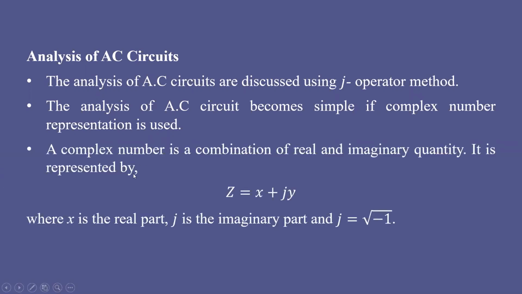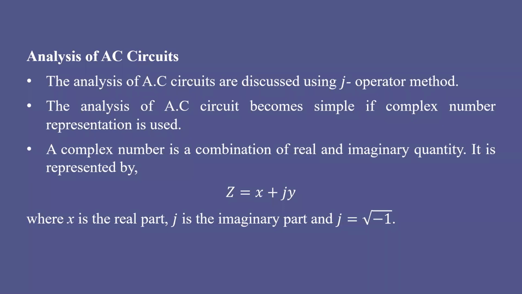Let us try to understand what a complex number is. A complex number is a combination of a real and an imaginary quantity. In mathematics, you might have studied that a complex number has a real part and an imaginary part, and it is represented as z equal to x plus jy.